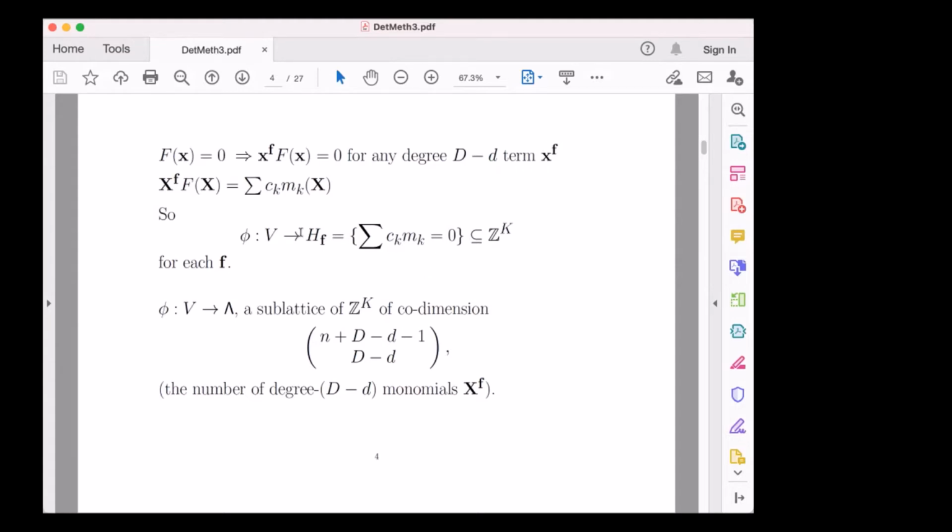So in fact, we end up not just in this linear subspace, but in a sublattice defined by the intersection of all these H_f for the various possibilities for f. And it turns out that these subspaces here are independent, and so we get a sublattice which I'll call lambda, whose codimension is this quantity, which is the number of possibilities for f.